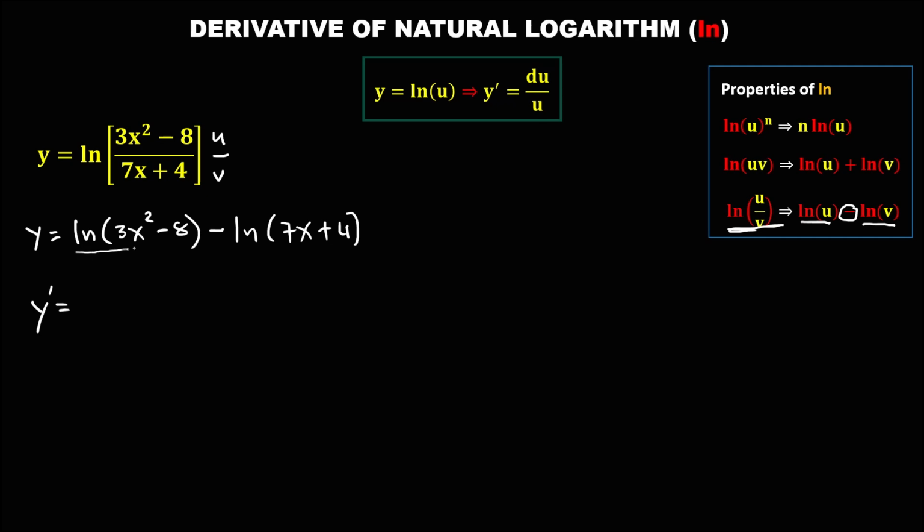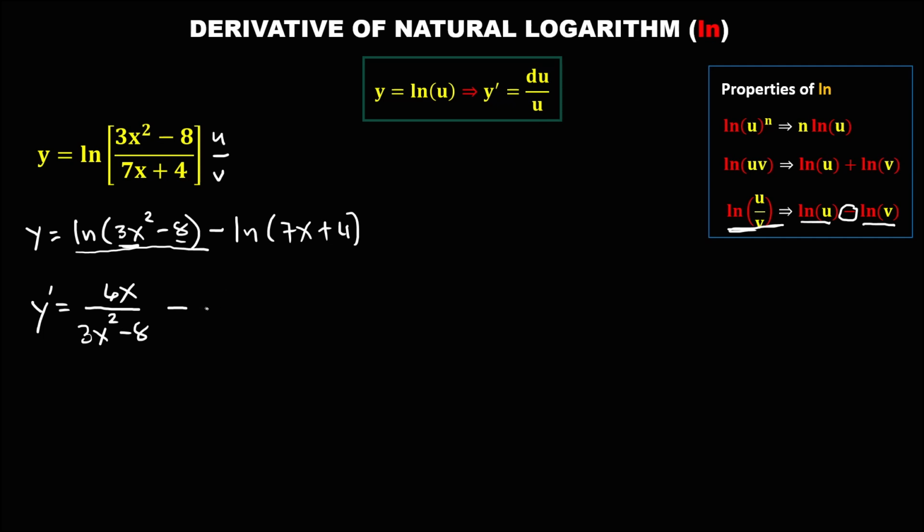So for the derivative of ln 3x squared minus 8, the derivative of 3x squared, this one is 6x, and we have 0, then over 3x squared minus 8.